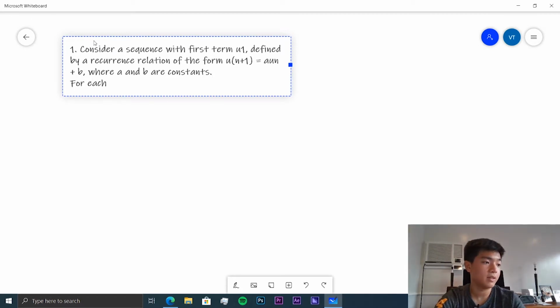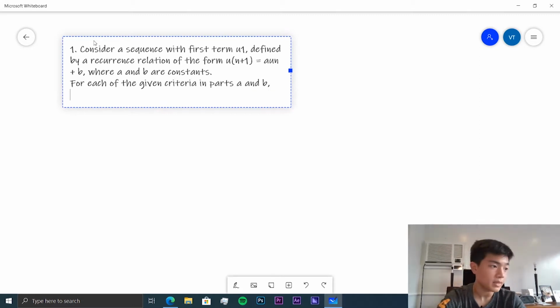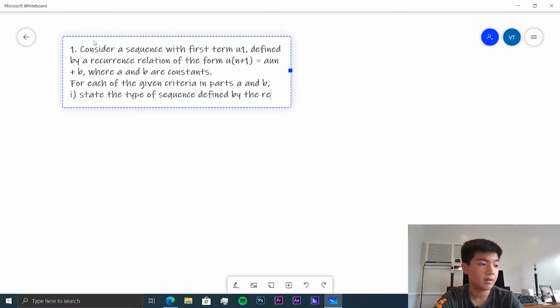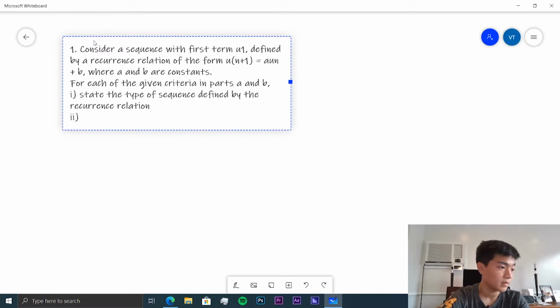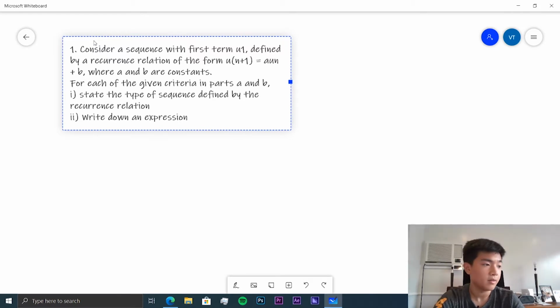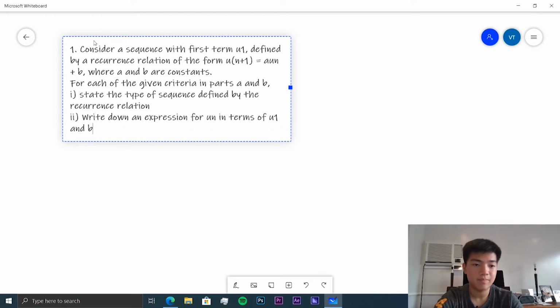For each of the given criteria in parts A and B, first, state the type of sequence defined by the recurrence relation. And next, write down an expression for un in terms of u1 and b.